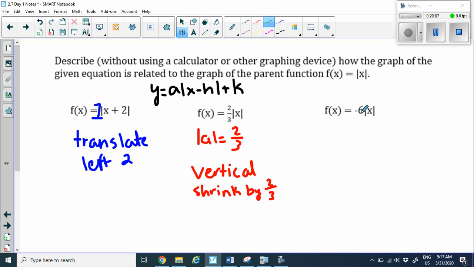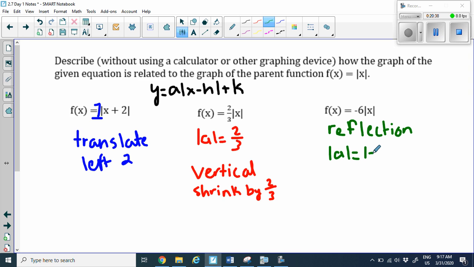So we do have an a value. Notice that there is a negative sign in front. So because we have a negative, that means we do have a reflection. Now let's go ahead and take the absolute value of our a.